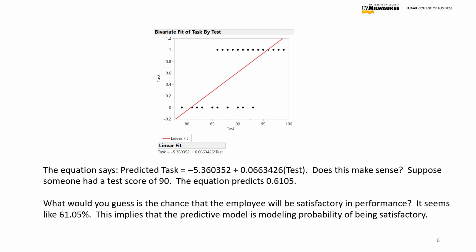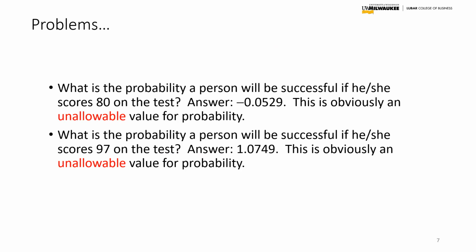However, there are issues with this regression fit that you can see visually, and let me discuss them on the next slide. But there's a problem. What if the individual scores 80 on the test?